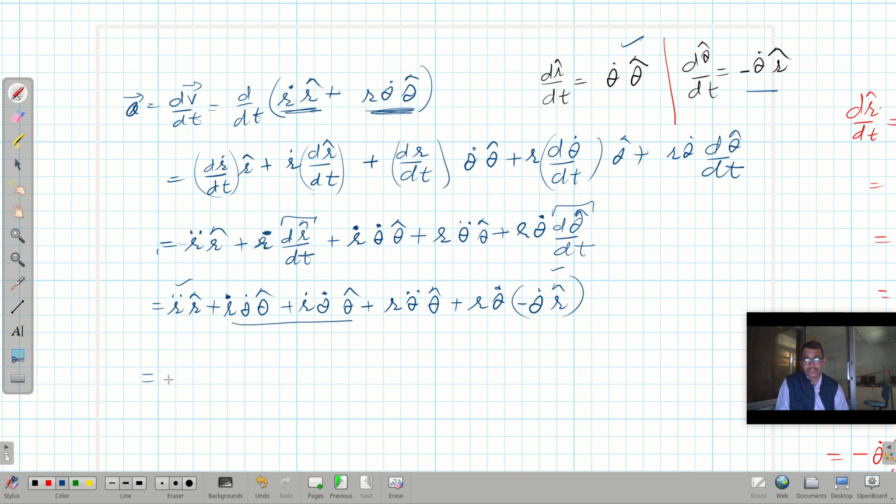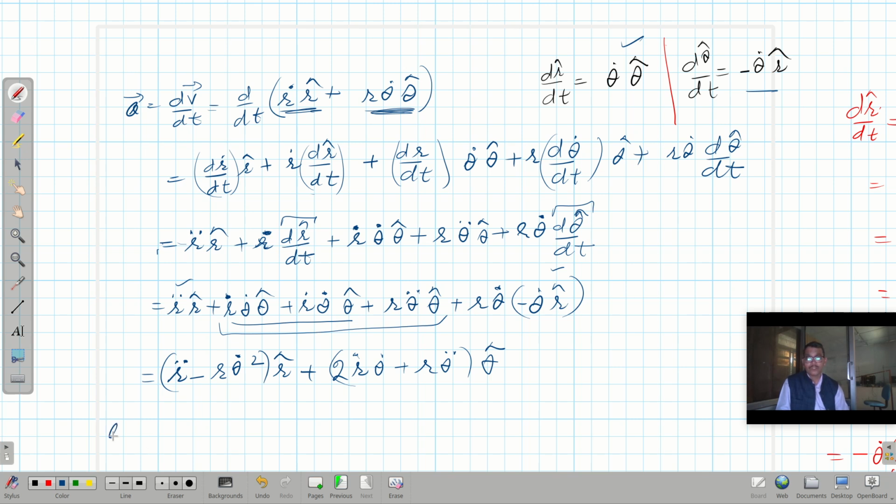So it is r double dot minus r theta dot square, because both become theta dot square with a negative sign, times r cap, plus 2 r dot theta dot plus r theta double dot, times theta cap.